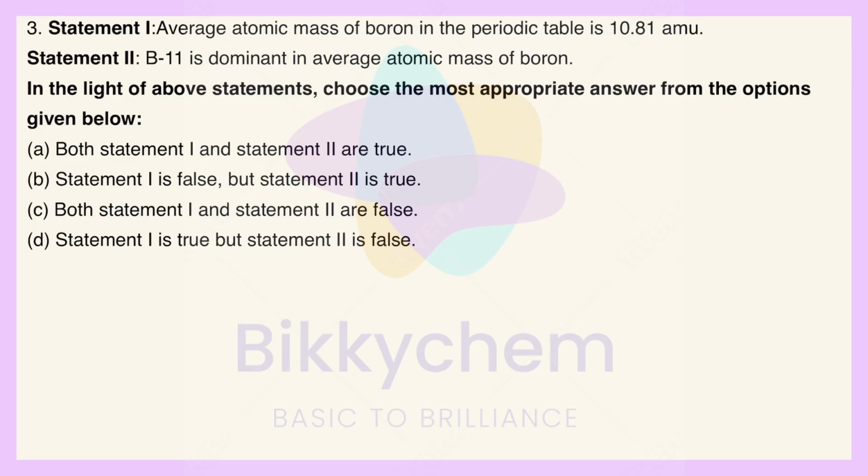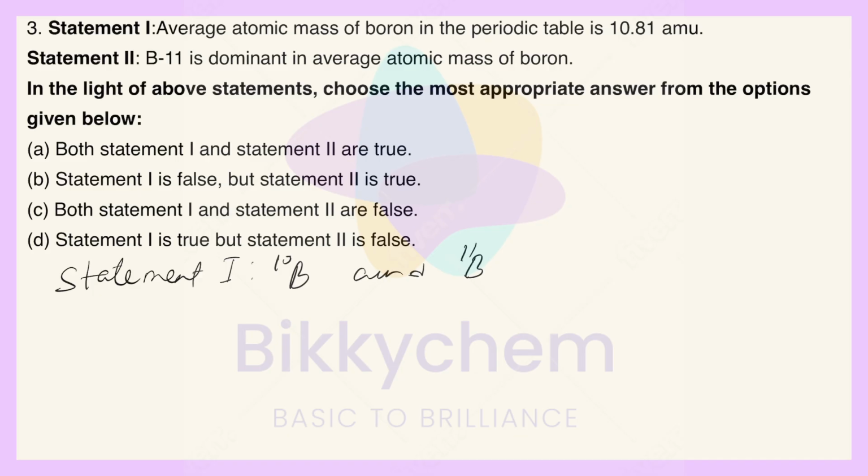Let's say statement 1, which says boron has 10.81 AMU as the atomic mass. We know that boron has isotopic forms boron 10 and boron 11.